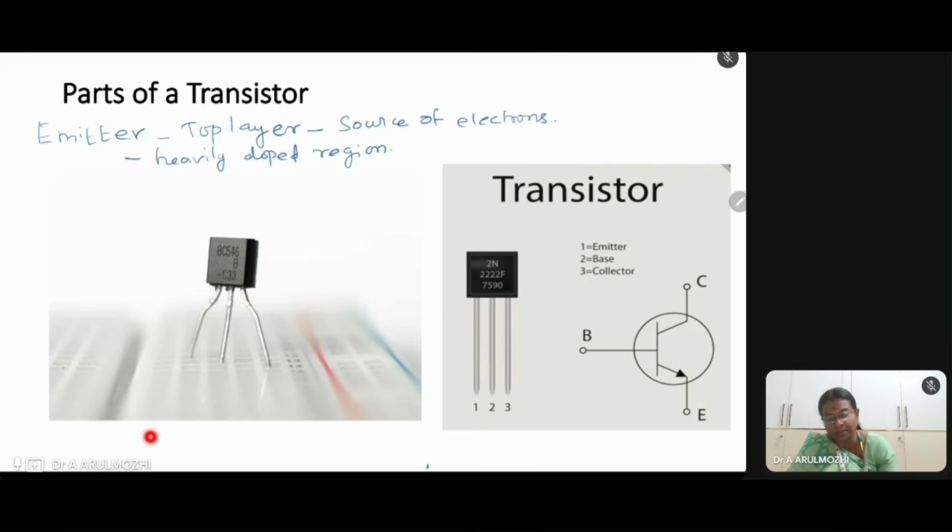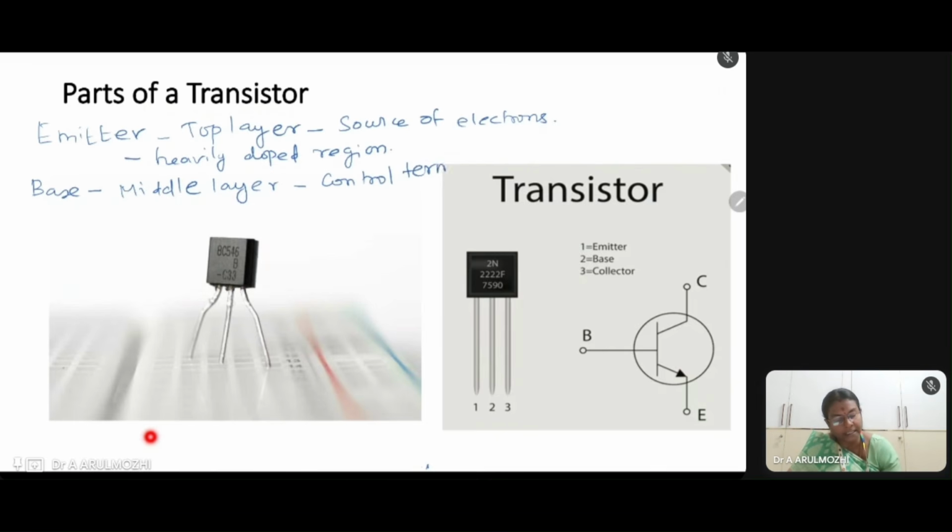Next one is the base. It is the middle layer of the transistor, and it acts as the control terminal.